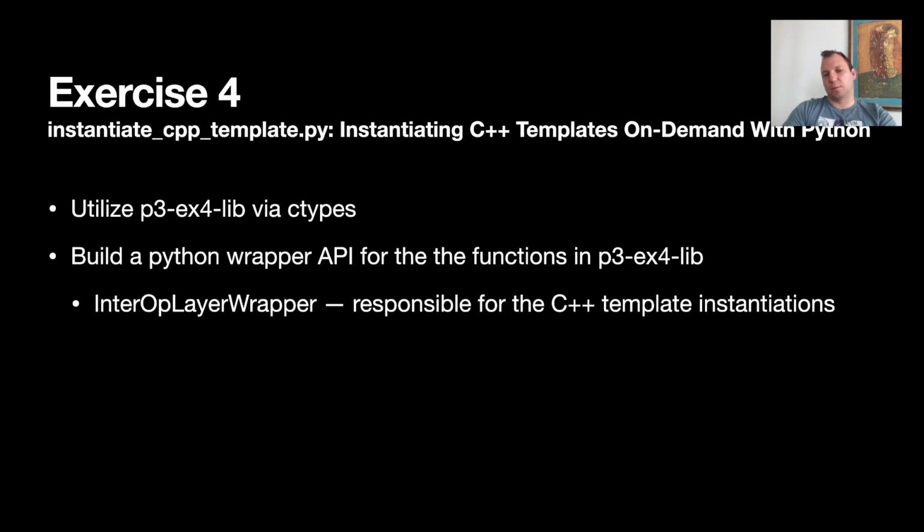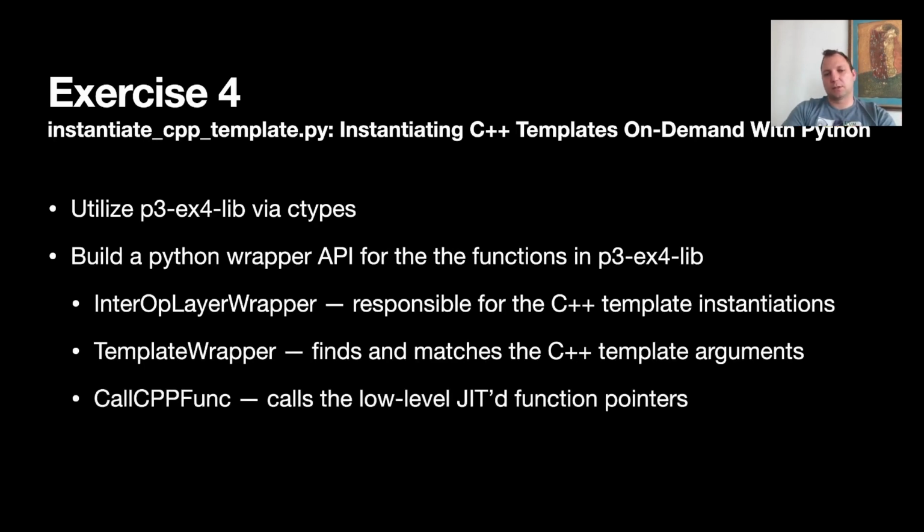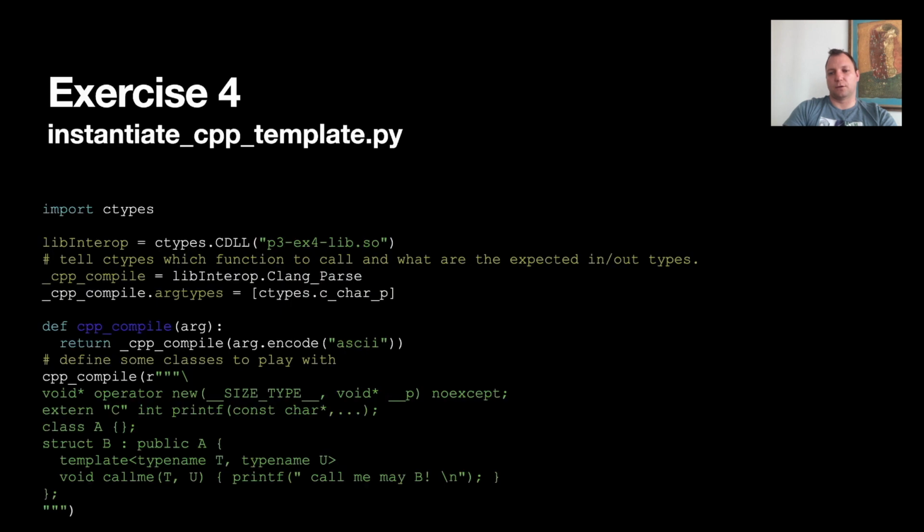This is responsible for instantiating the C++ templates. Now we're going to see how. Then there's a template wrapper, which takes care of finding and matching the C++ template arguments, and the CppFunc facility, which is a small class which wraps the low-level JIT function pointer calls.